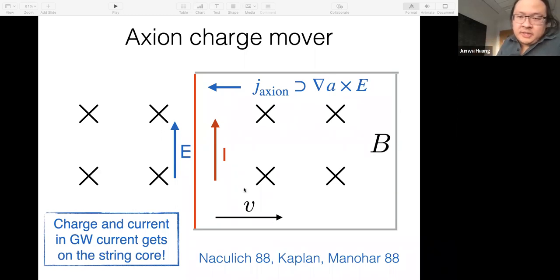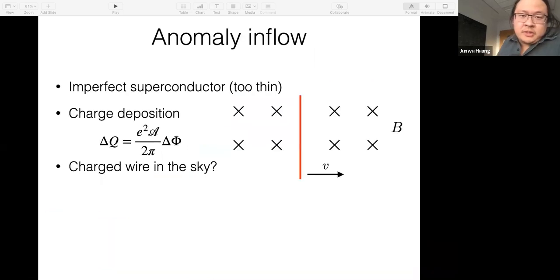The electric field is developed when you change the magnetic flux, and that sends some charge to the string core from the axion field. So if we do everything carefully with order 1 numbers taken into account, we can see that the charge is always conserved in the system, and the effect, as we know it, is called anomaly inflow. Okay.